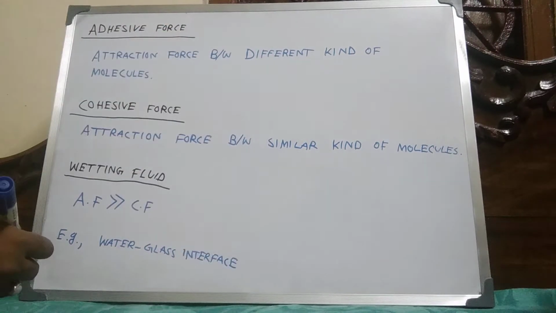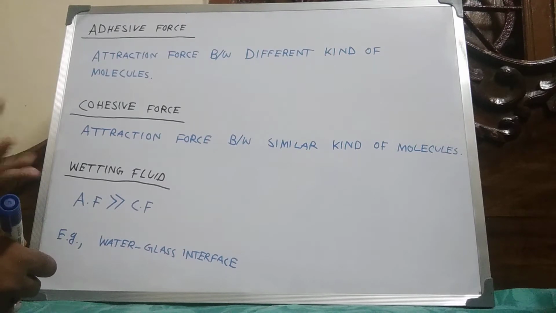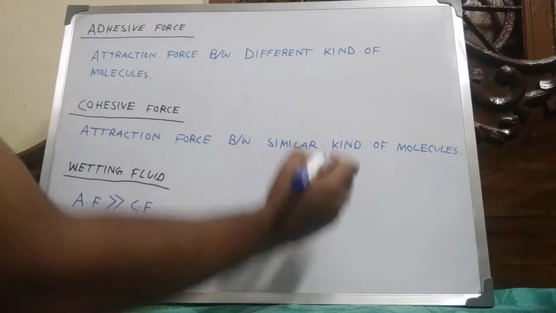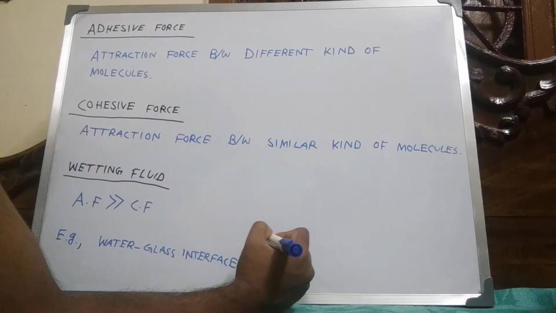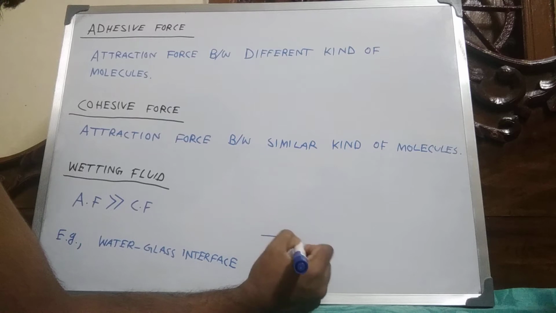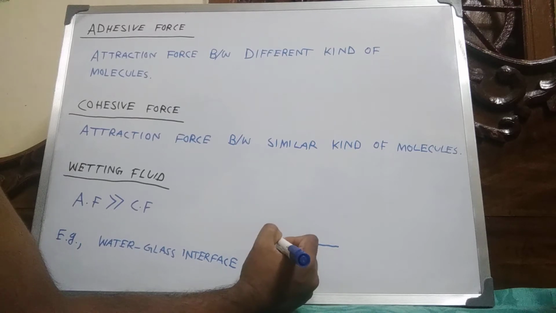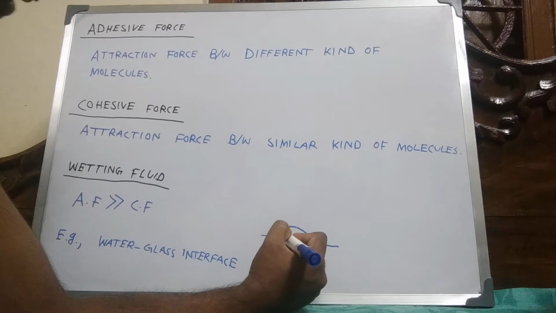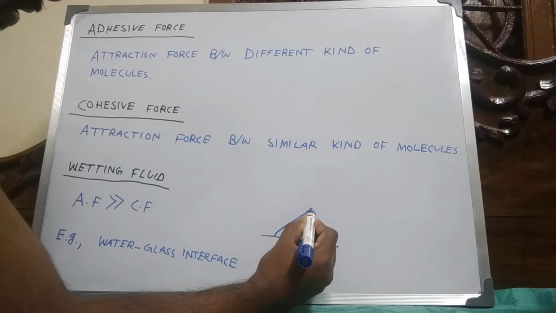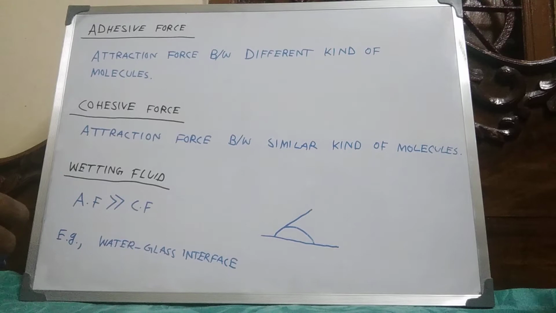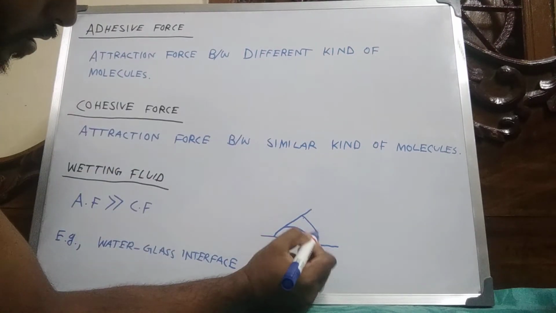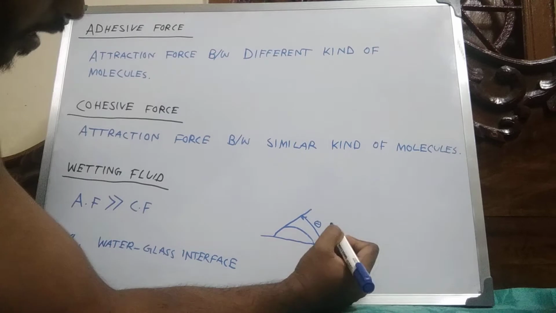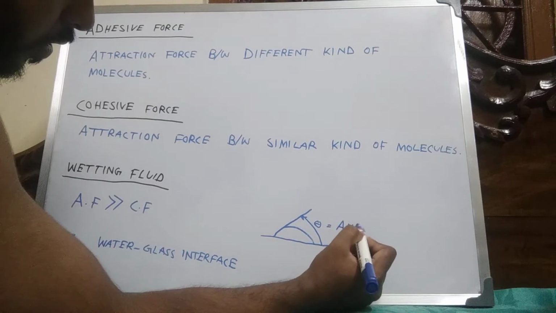You can see the water and glass interface. This is a wetting fluid. This is the surface and this is the water, and draw a tangent and get theta. This is the angle of contact.